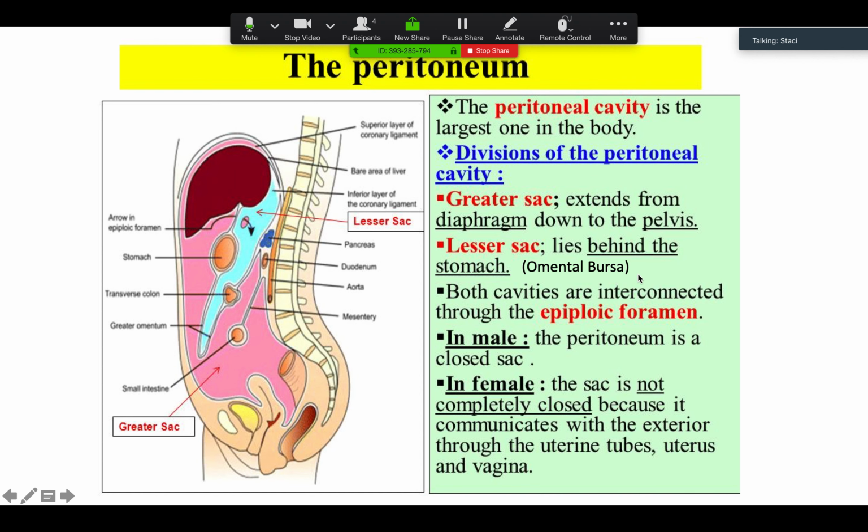Both of these are connected through the epiploic foramen, also called the omental foramen. Right here is the epiploic foramen, and that's the entrance to the lesser sac.